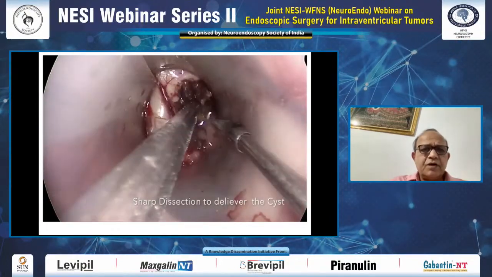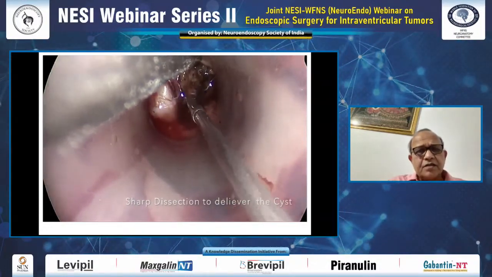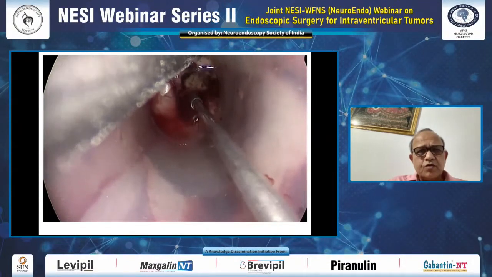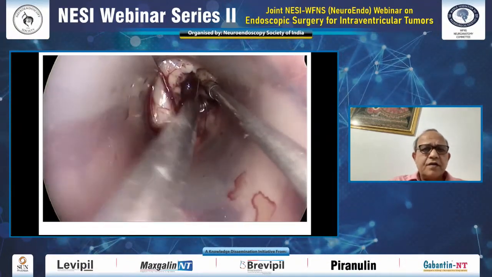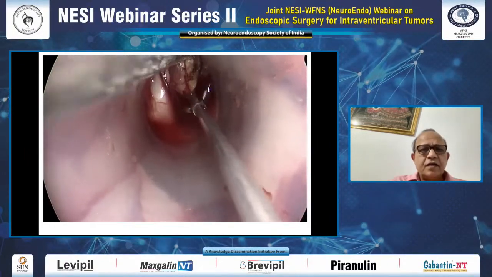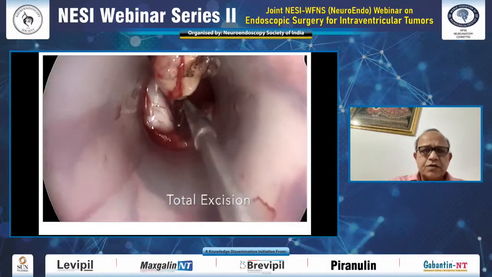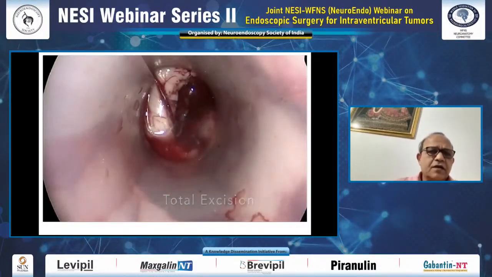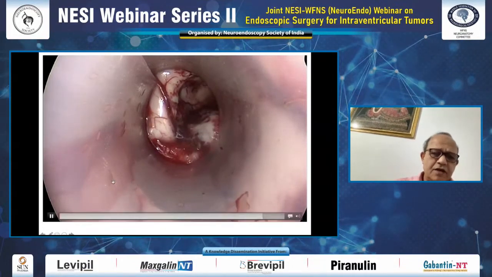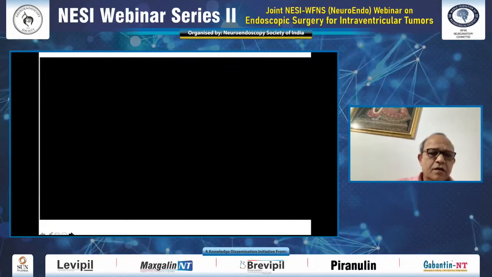Now, using a bimanual technique, these adhesions from the cyst wall are removed, and in the end, one can take out the whole cyst wall. We have done more than 30 colloid cysts using this tubular retractor.